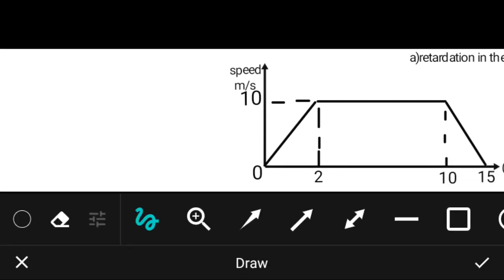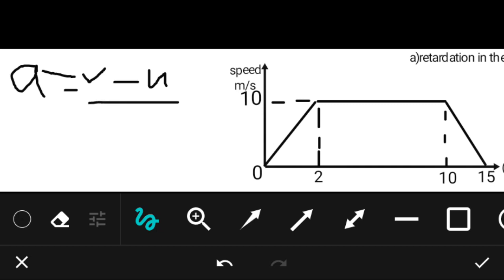So let's answer the first question. It's saying retardation in the last 5 seconds here. So let me just write the formula. The formula is acceleration is equal to final velocity minus initial velocity, over time. That is the formula.